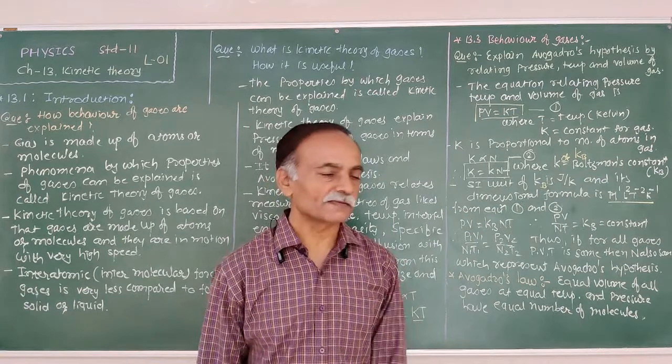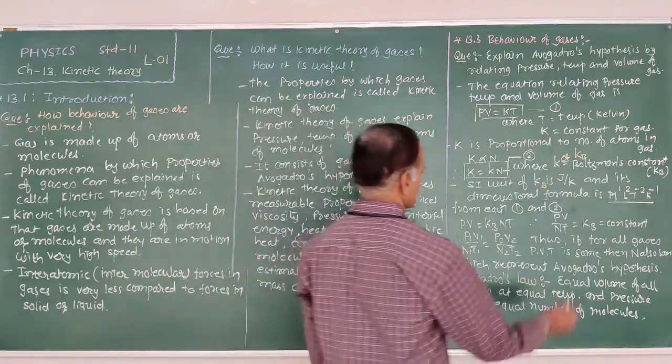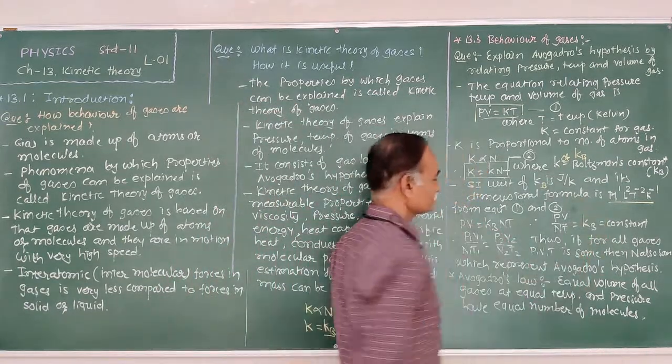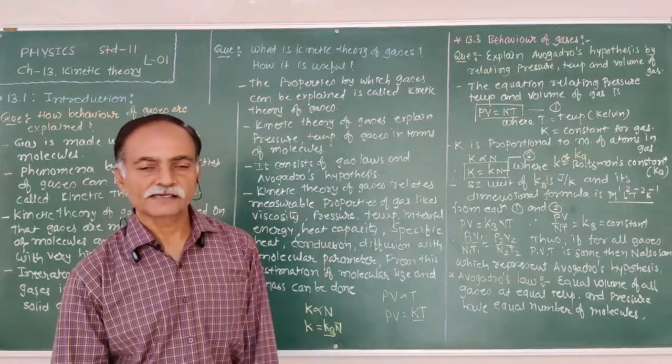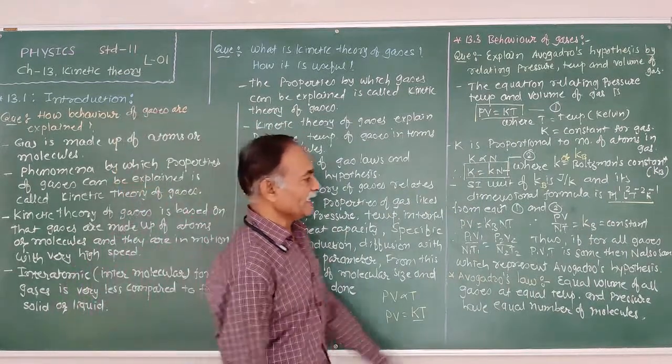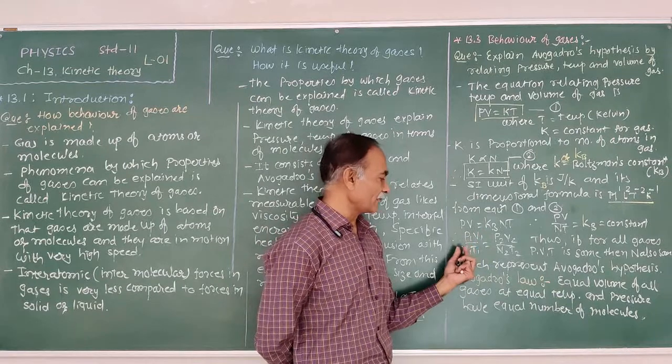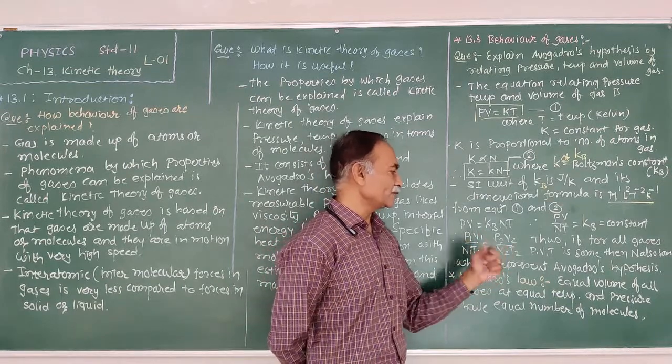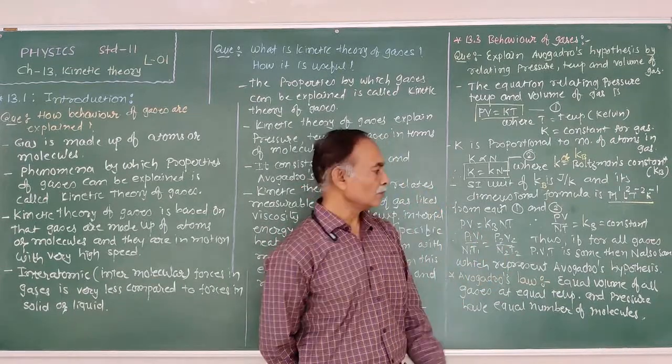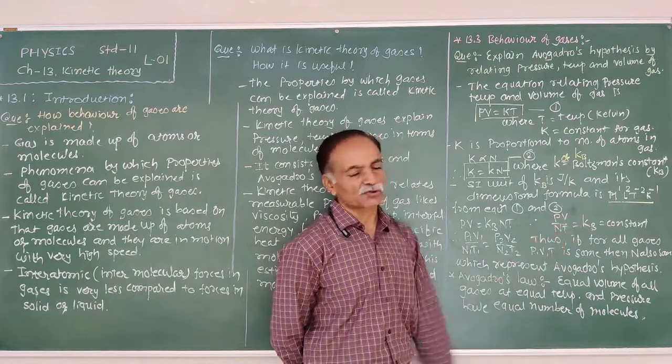Kb is the Boltzmann constant, that is constant. So we can write P1 V1 upon N1 T1 is equal to P2 V2 upon N2 T2, because PV upon NT is constant.